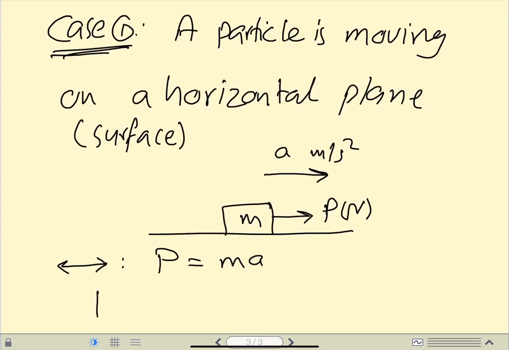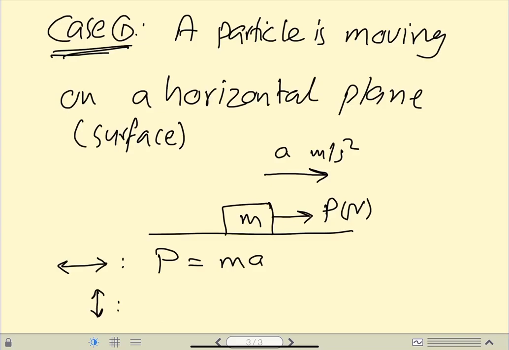Vertically, and it's better to say perpendicular to the plane. This is the language that we'll be using now for the whole chapter in dynamics and statics as well, when the particle does not move or accelerate, when the particle is at rest, equilibrium case, which is next chapter. We'll be using the same logic.